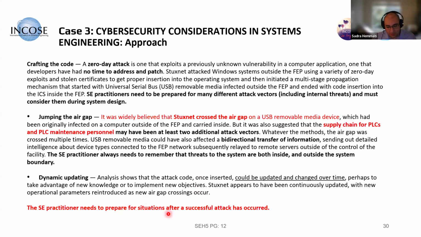We need to prepare for situations like this after a successful attack has occurred. Oh, this is after the fact. It's saying that Stuxnet was not a static program. It was able to update itself dynamically, and could be updated and changed over time.